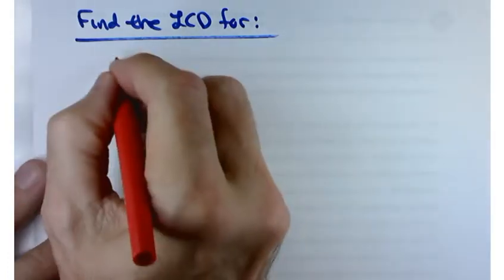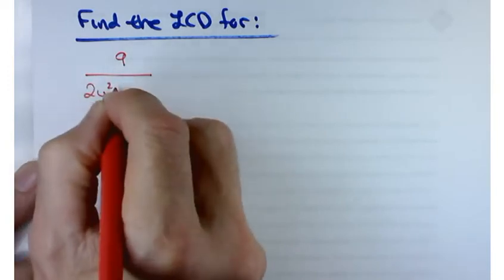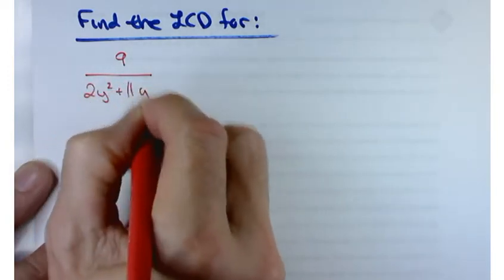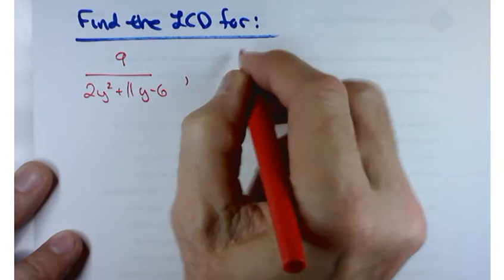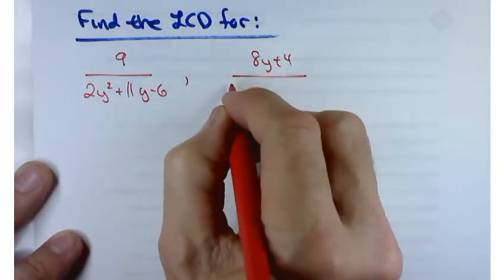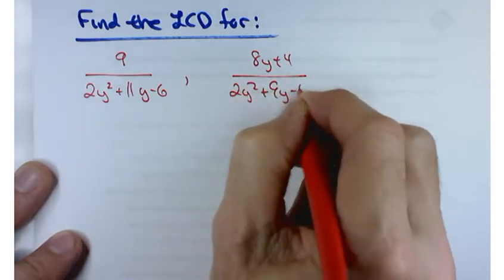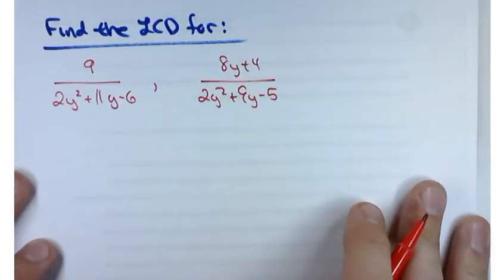So it's going to be 9 over 2y squared plus 11y minus 6, and 8y plus 4 over 2y squared plus 9y minus 5.